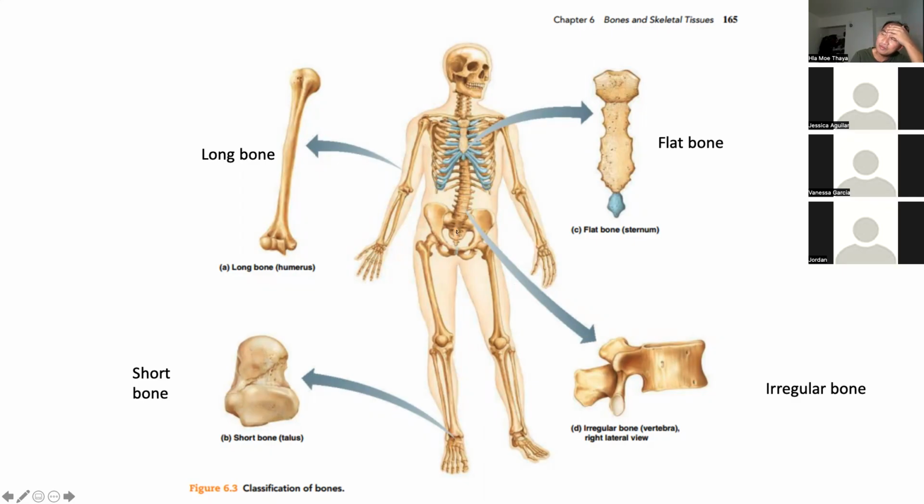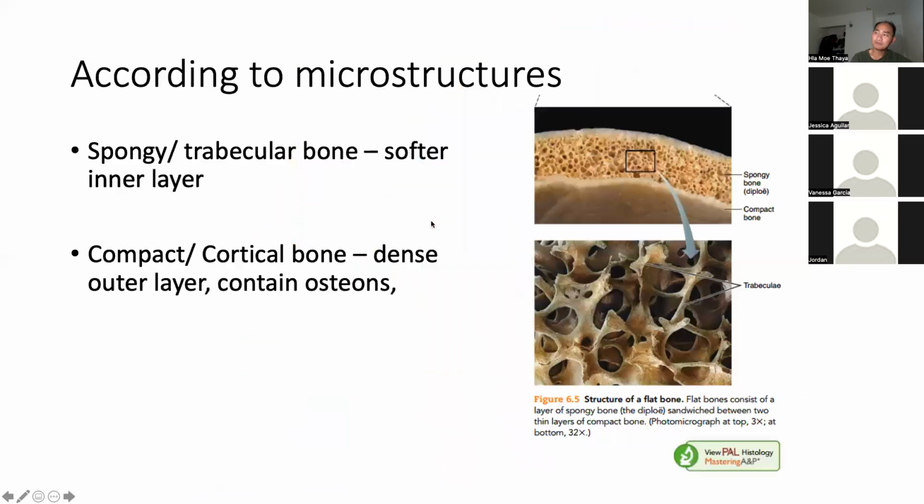An irregular bone, which is vertebra, which makes the spine, and the flat bone, which is, let's say, sternum bone, or the skull bone. These are the flat bones. Of course, ilium will be the flat bone as well. So that's according to their shape.